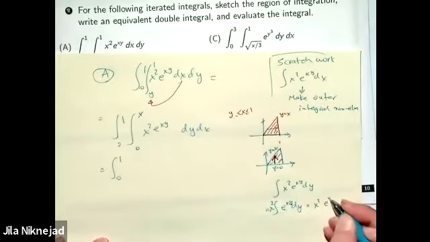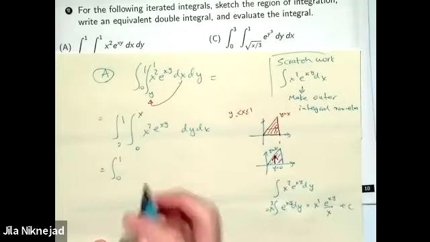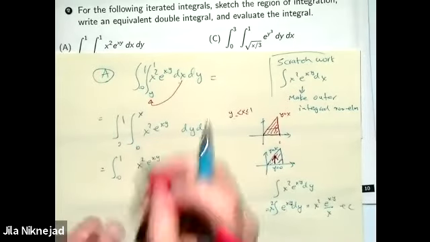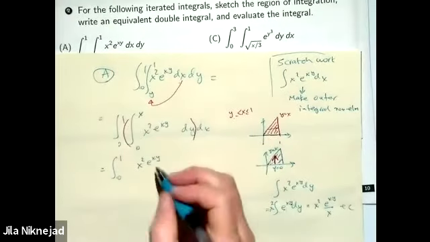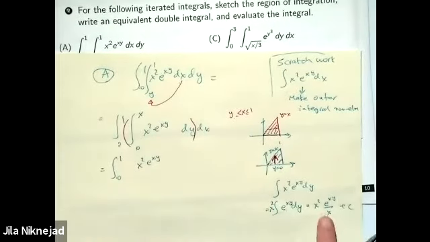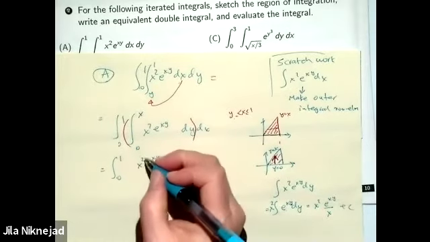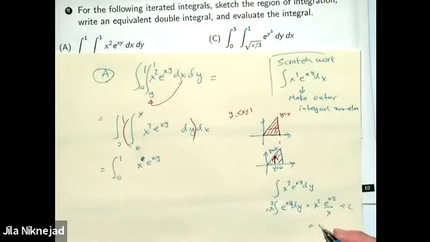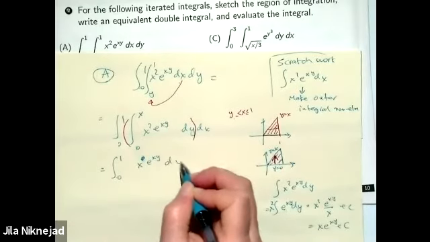It would be e to the power xy over x. So I put it right here, x squared e to the power xy. This is the inner one. Over x, which simplifies: x e to the power xy dx.